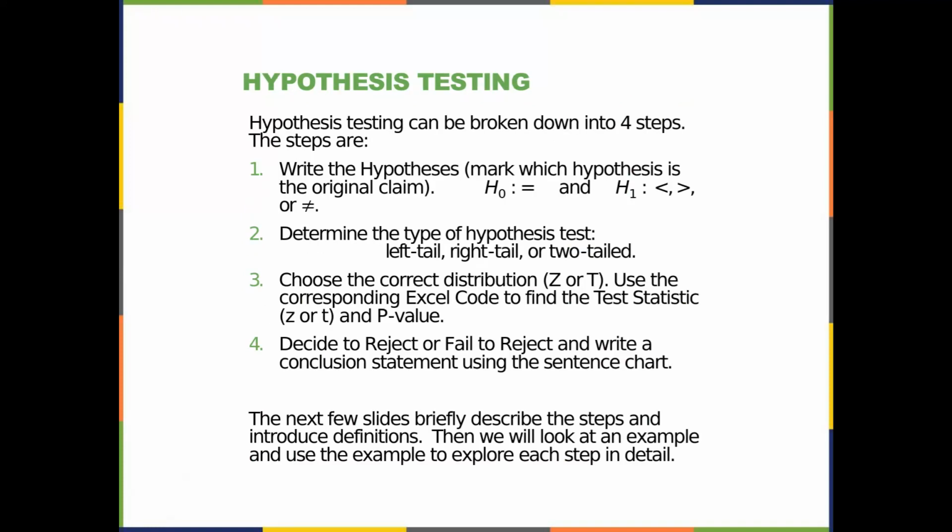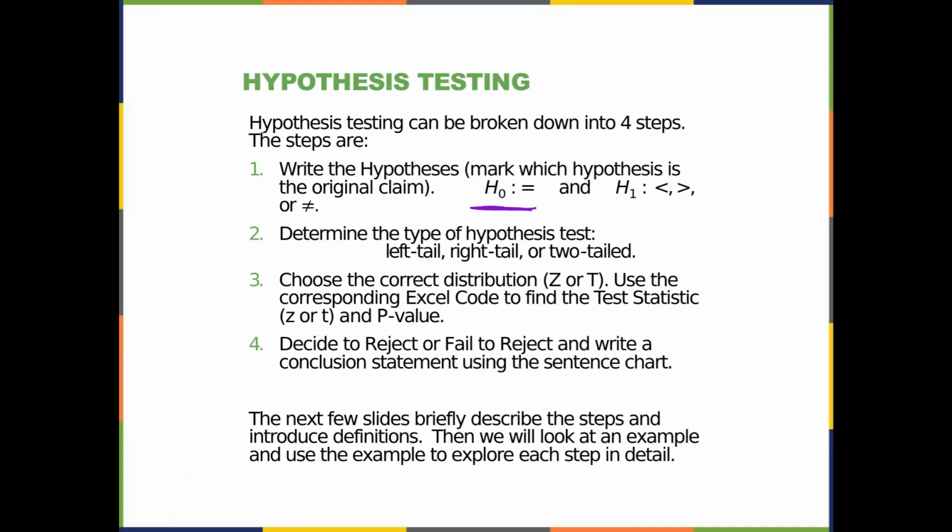Hypothesis testing can be broken down into 4 steps. You want to first write your hypotheses. You're going to have 2 hypotheses that you write. You're going to write your null hypothesis, which the notation for null hypothesis is here. It will always have your variable equal to a hypothesized value.